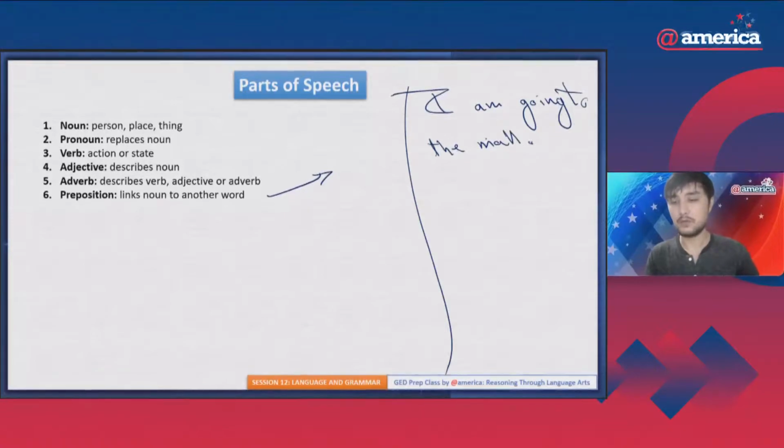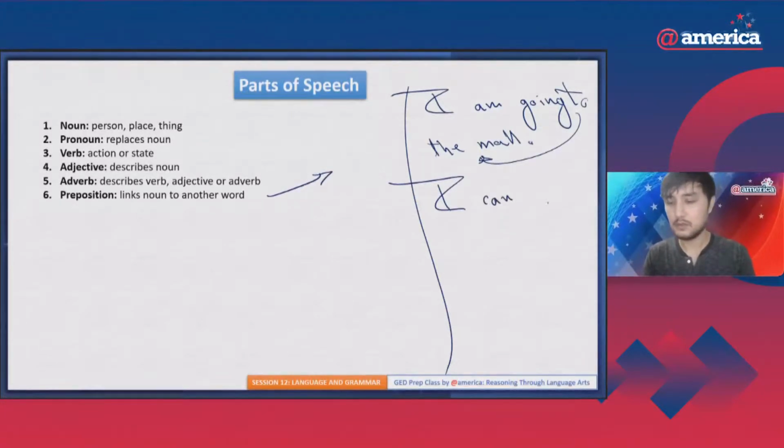In here, we can see that going, which is another word in the sentence, is connected to this noun. I am, or maybe I should use some helping verbs. I can jump onto the roof of this car.